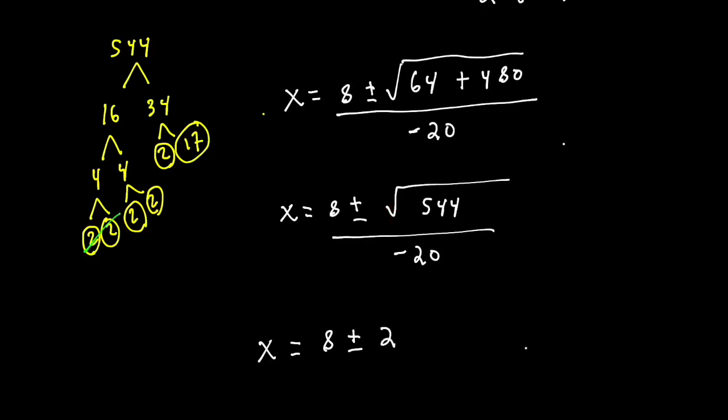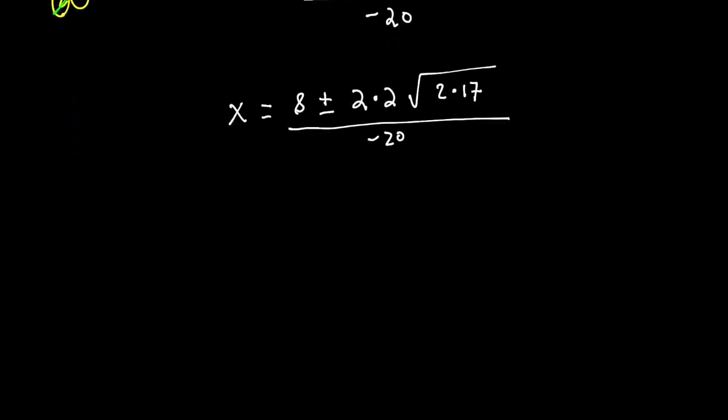I'm going to have 2 outside of the radical. Here I have another pair of 2, that gives me another 2 outside of the radical, and the things that I'm not able to pair up, they're going to be underneath the radical. So here I get 2 times 17, and then that's all going to be divided by negative 20.